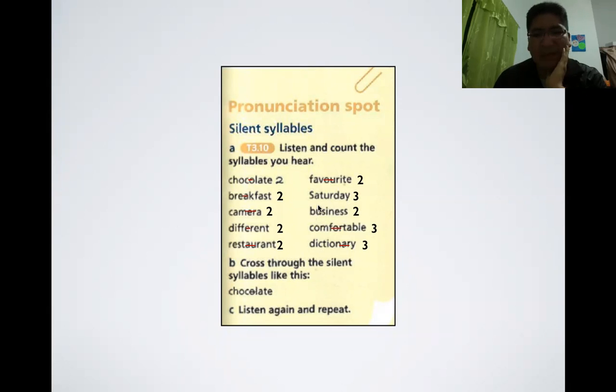Business. Maybe the U is in silence, but it's different, right? Business. Comfortable, so the O and R are in silence. Dictionary, this A is in silence, dictionary.